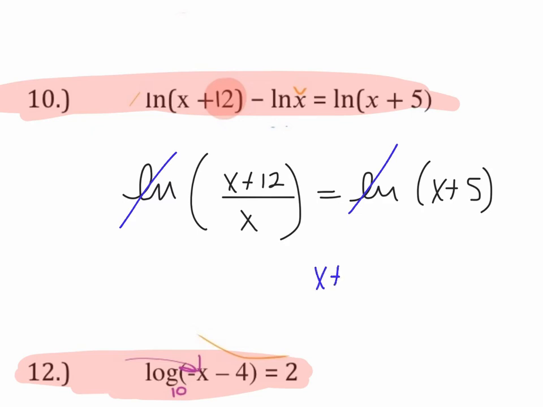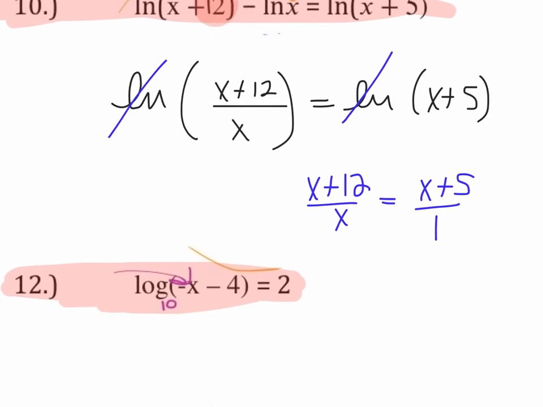Guys, look. X plus 12 over x equals x plus 5. What is this over? X plus 5 is over what? 1. How would I solve this? Okay, you can multiply x to both sides, whatever. I'm just going to cross multiply. It's the same thing. So I have x times x plus 5 equals x plus 12. It comes out the same way if you just multiply both sides by x.